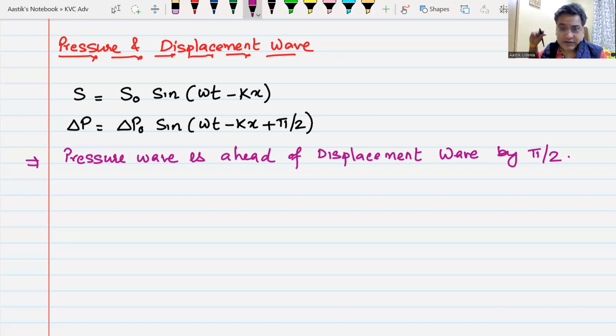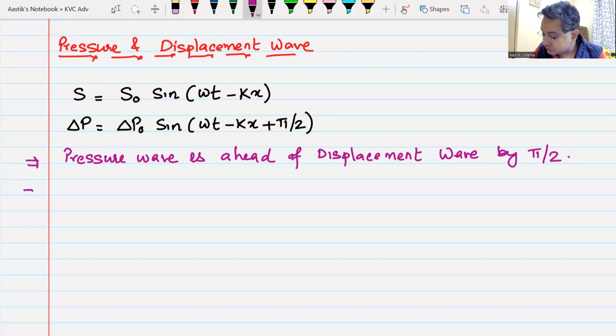When the particle is on the mean position, the pressure is maximum. When the particle is on the extreme position, the pressure is minimum. Do we understand this? Yes.